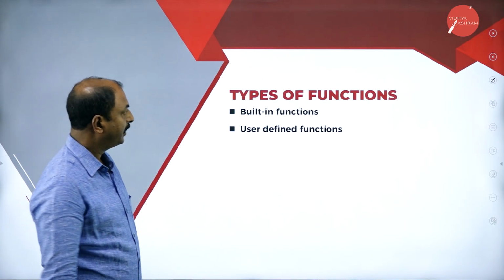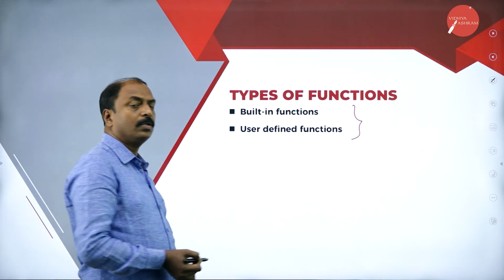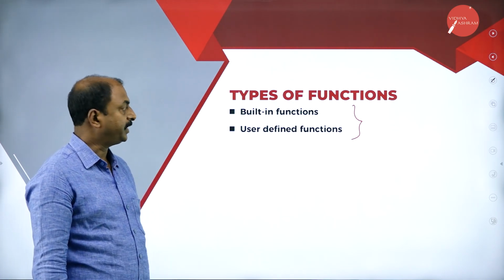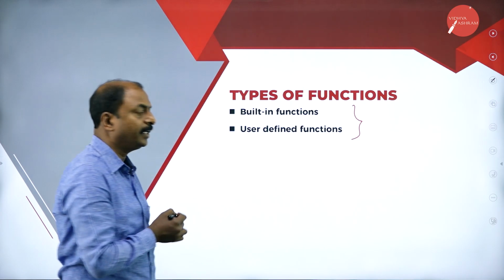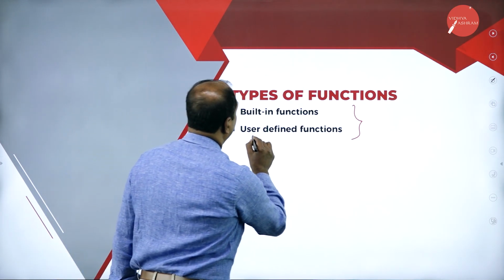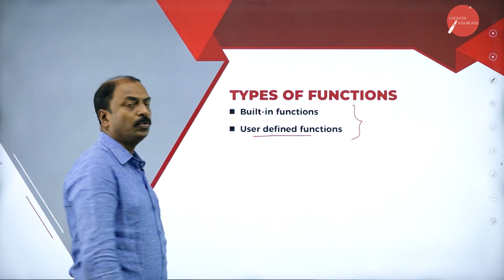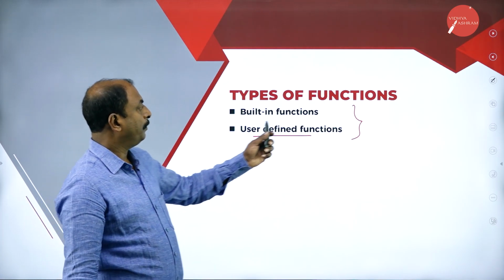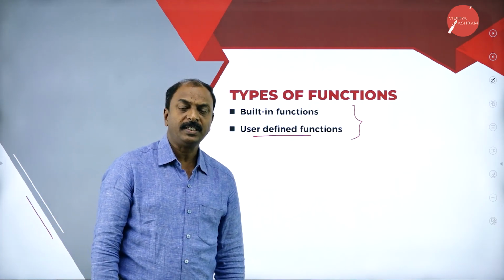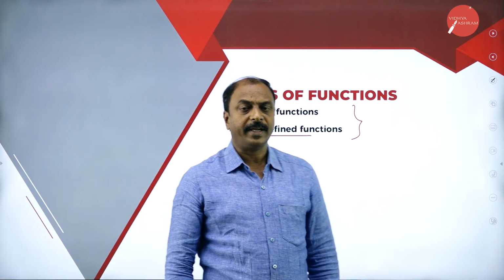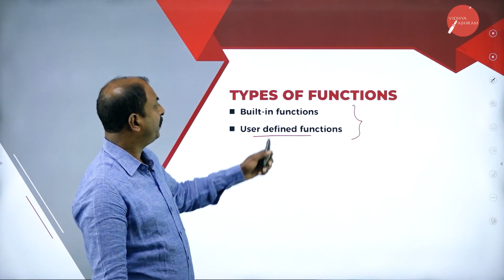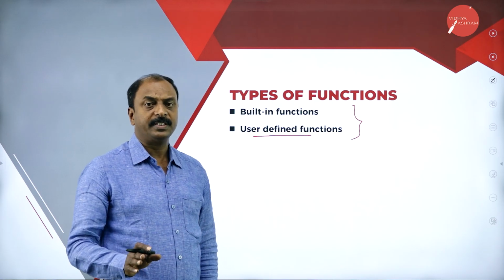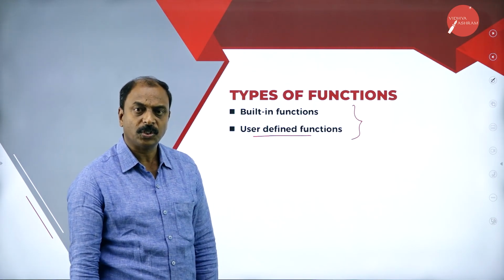In the next slide, let us see the different types of functions. The first one is the built-in function. The second one is the user-defined function. In short, built-in functions are the ones that already exist in the Python language, and we use them just as they are available in the software.